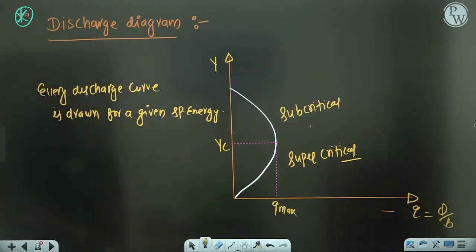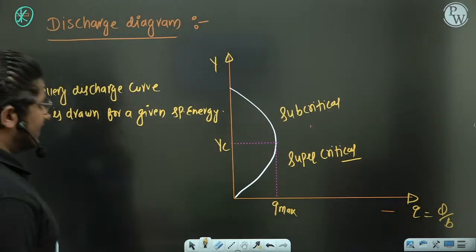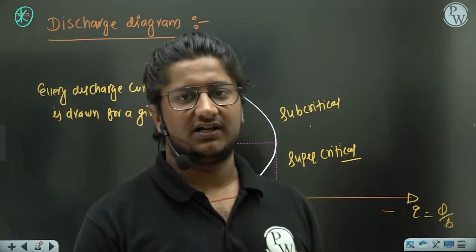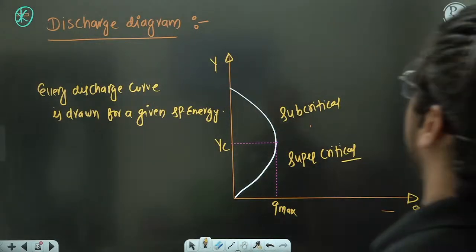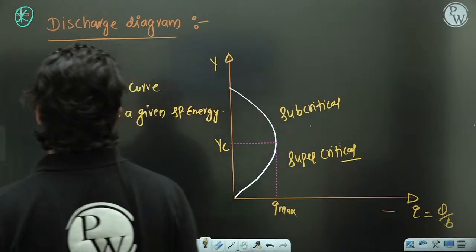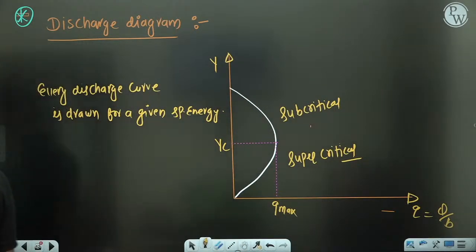Every discharge curve is drawn for a given specific energy. हर एक discharge curve आपको एक particular specific energy के लिए draw किया जाता है. For a given specific energy. Okay.